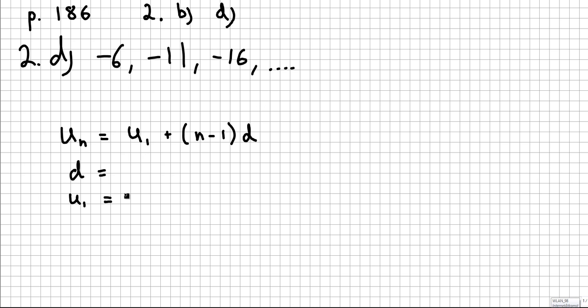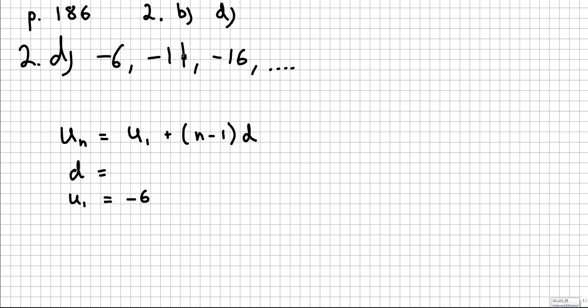So what is U1? U1 is minus 6, that's the first term. What's the common difference? Well, it's decreasing, it's going from minus 6 to minus 11, so it's minus 5.